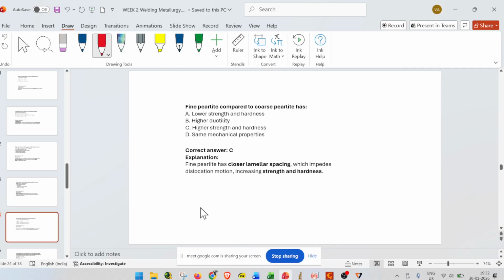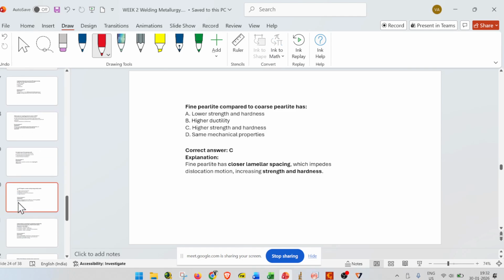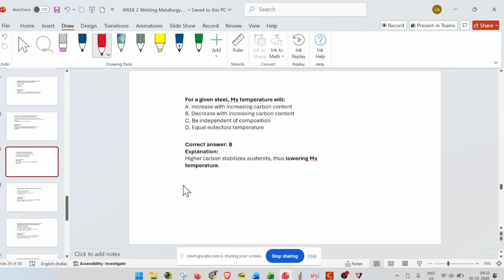The martensitic phase forms by converting from the gamma austenitic phase to the martensitic phase, right? So the carbon will try to stay in the austenitic phase only. You understand what I'm trying to say? How does it reduce the martensite starting temperature?